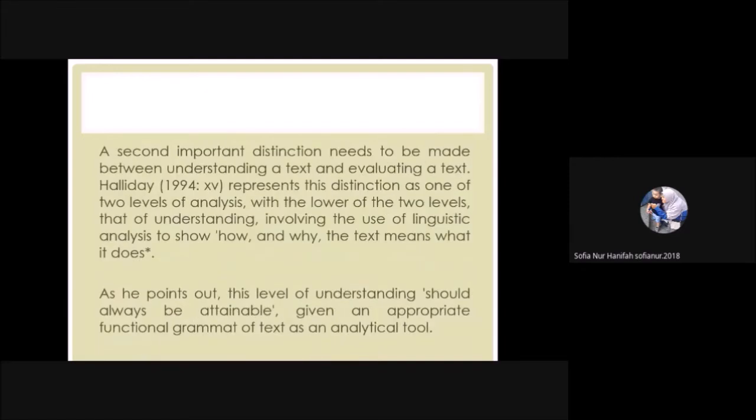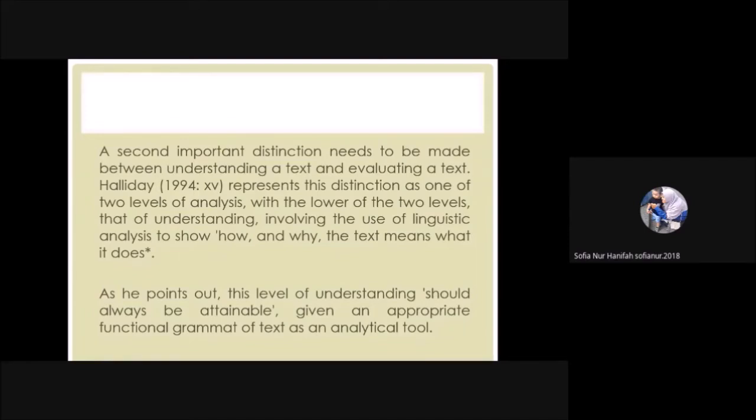And a second important distinction needs to be made between understanding a text and evaluating a text. According to Halliday in 1994, this distinction is represented as one of two levels of analysis, with the lower of the two levels, that of understanding, involving the use of linguistic analysis to show how and why the text means what it does.